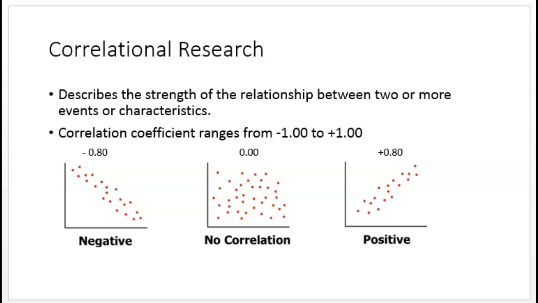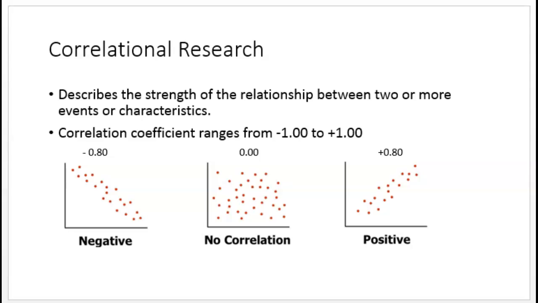Two things can be correlated, but that doesn't necessarily mean that one thing causes the other. They could be related to some third thing that's completely off to the side. It could just be a coincidence that they're related, for example.